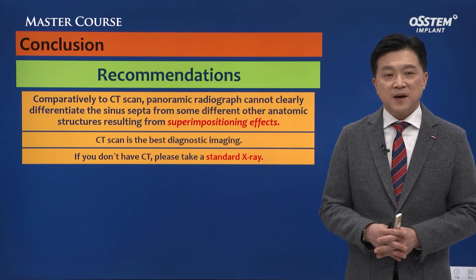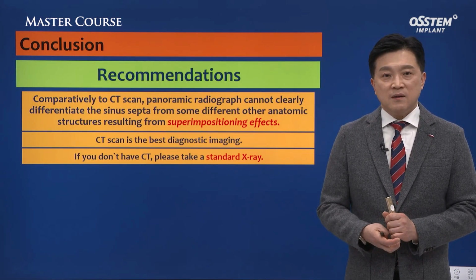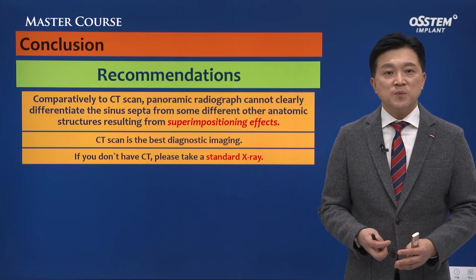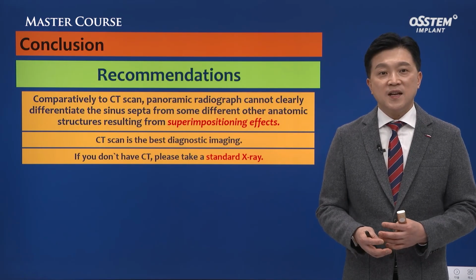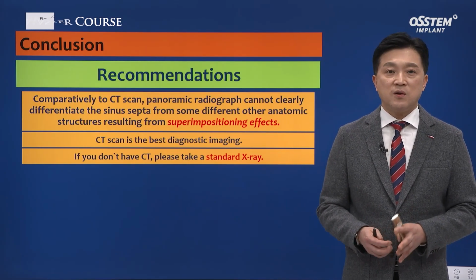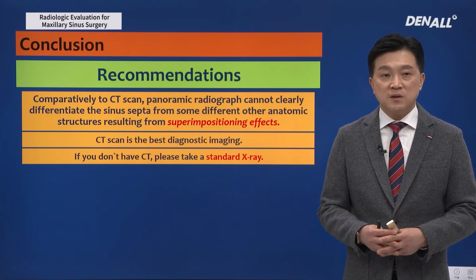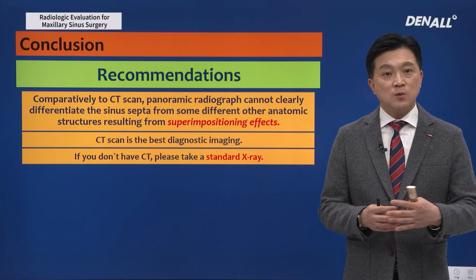My recommendation is when we compare panoramic images with CT, the septum of sinus can be accurately identified in CT. In panoramic images, there are many overlapping structures, so it is very difficult to identify the sinus septa.